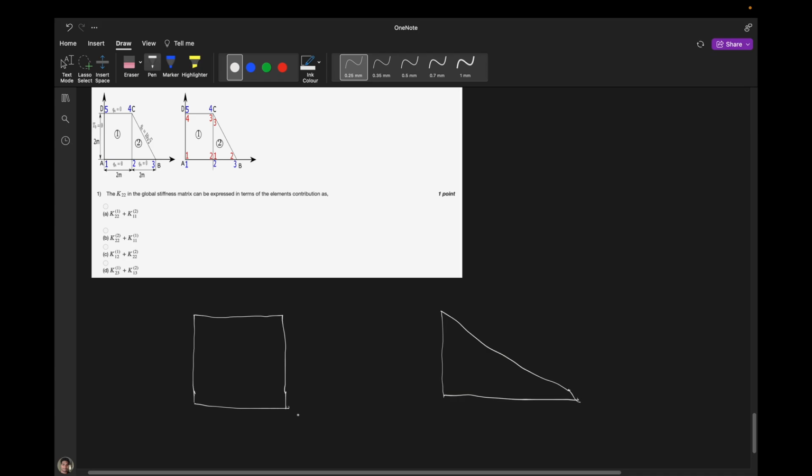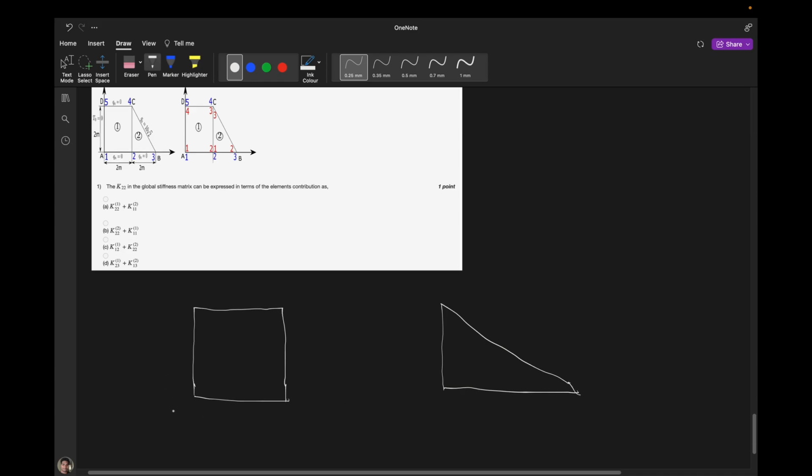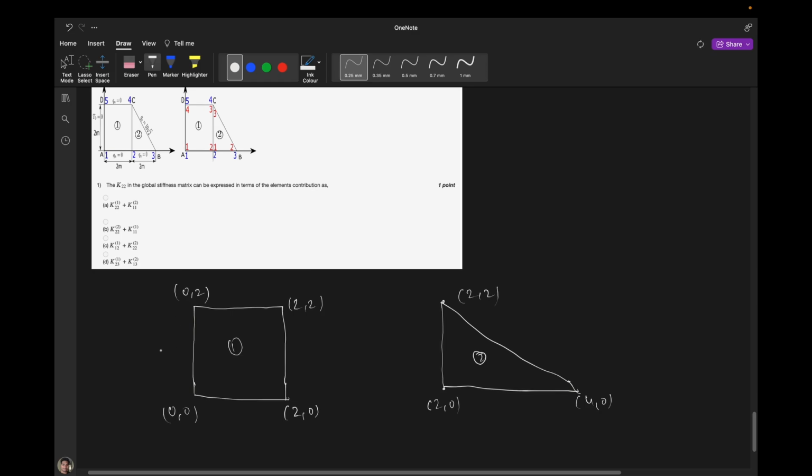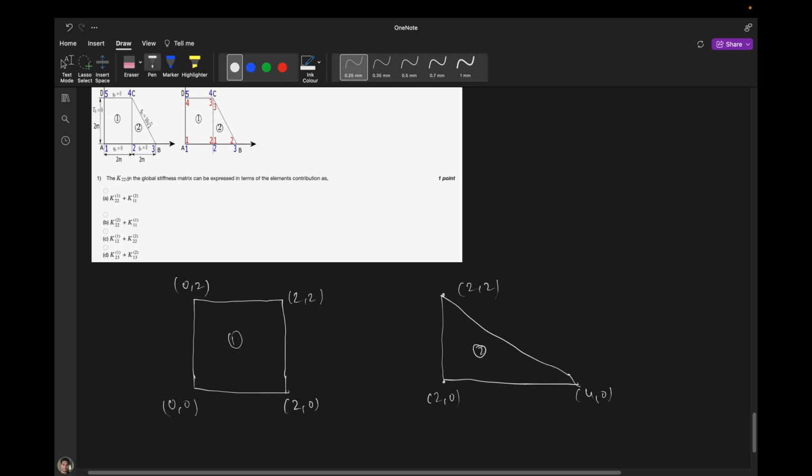The coordinates of the square are 0 0, 2 0, 2 2 and 0 2, and the coordinates of the triangle are 2 0, 4 0 and 2 2. This is element number 1 and this is element number 2, and the global nodes and local nodes are also given: 1 2 3 4 and 1 2 3.